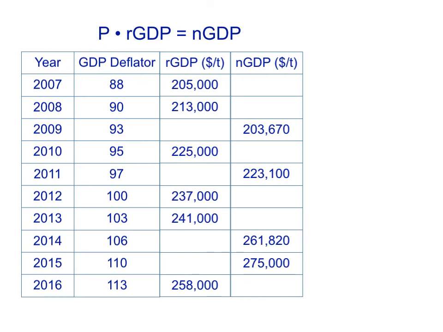And of course, we can look at our concept that we've already seen in the velocity equation. Remember that price times real GDP, P times Y, is nominal GDP. And that's what we have here. We have price, P, multiplied by real GDP, Y, is equal to nominal GDP.